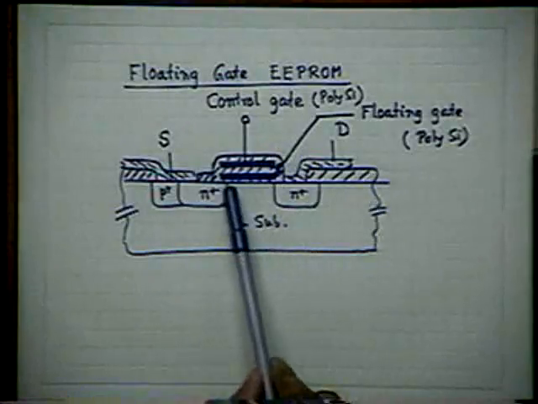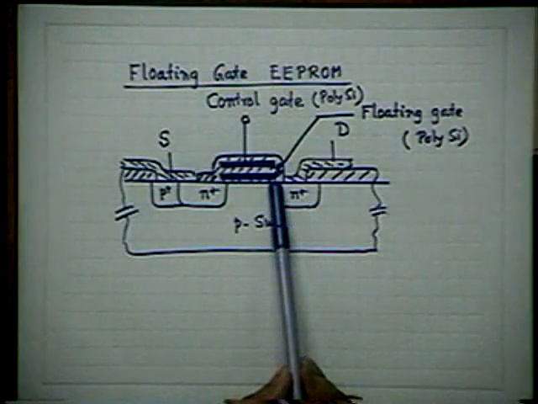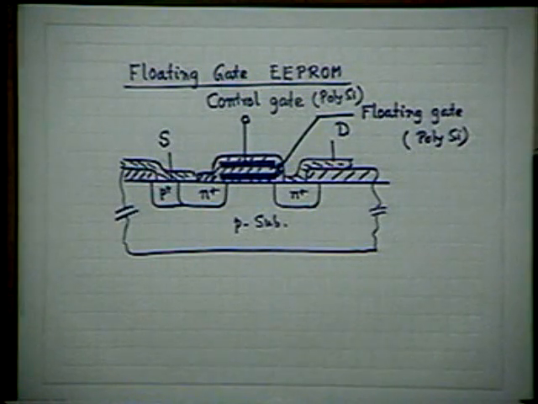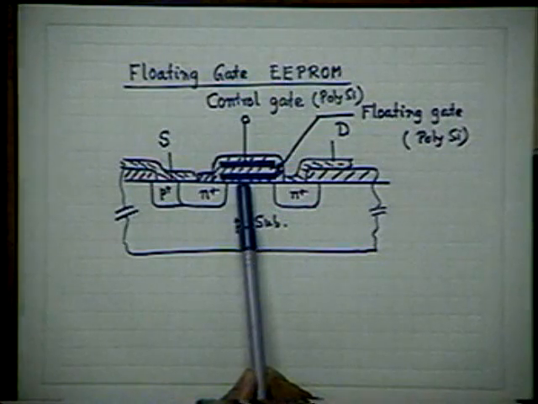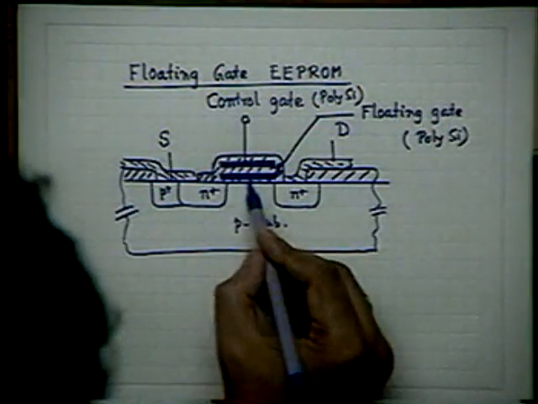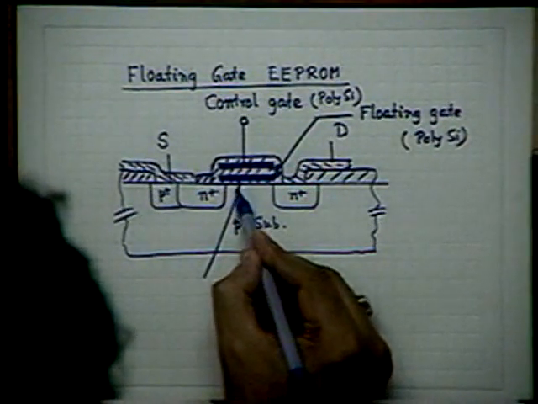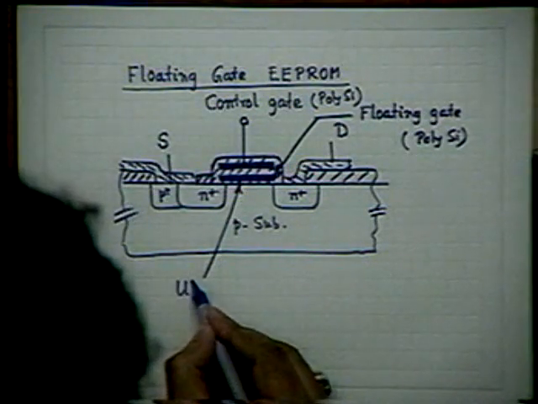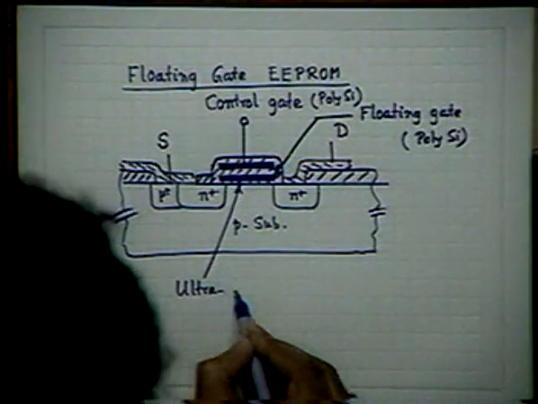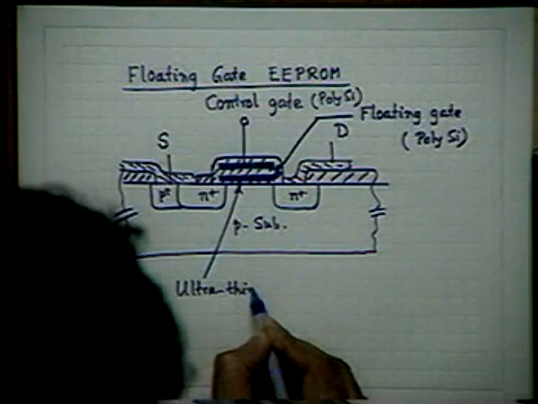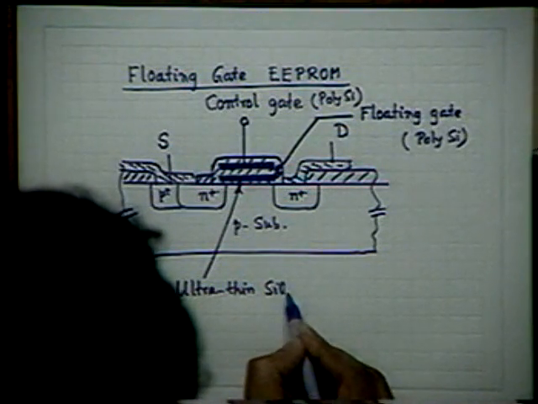So anyway, you see here, I have a very thin oxide as before. This oxide, the first oxide, is very thin. This is an ultra thin silicon dioxide.